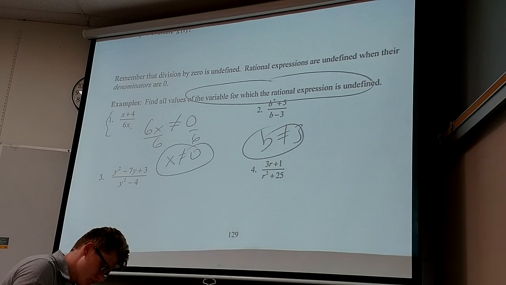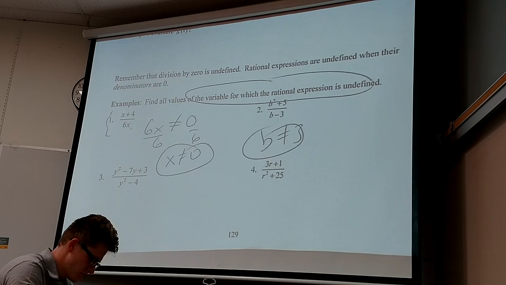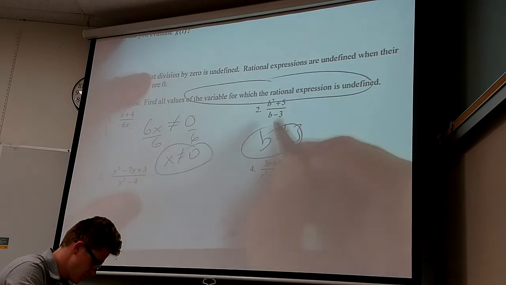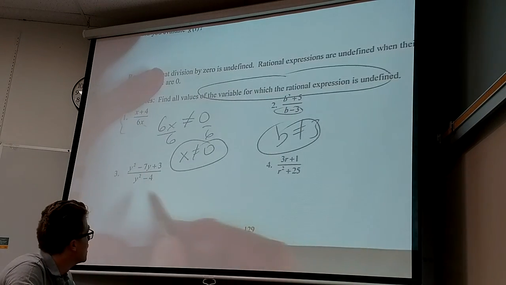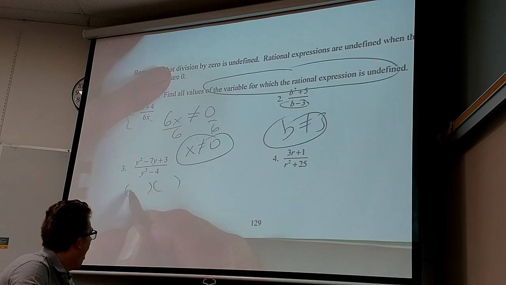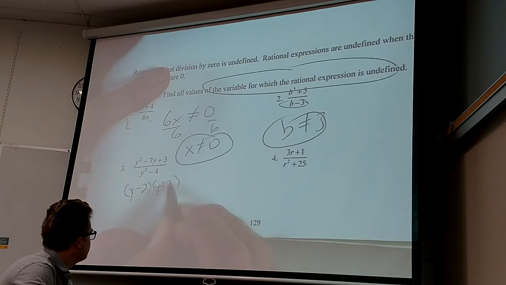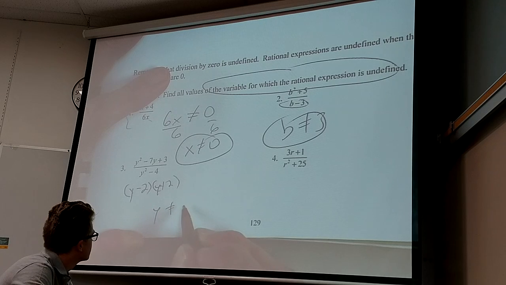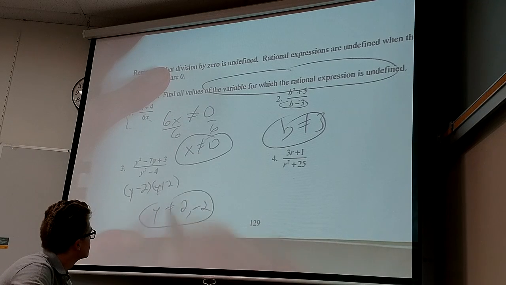Right? 2 things it can't be. Oh yeah, negative 2. There you go. Because what do you do with the bottom? Why was this easy? Because it's got 1 piece, I can see that piece. It's got 2 pieces, I don't see them yet. What do I get when I factor it? So now I can see y can't be 2 or negative 2.